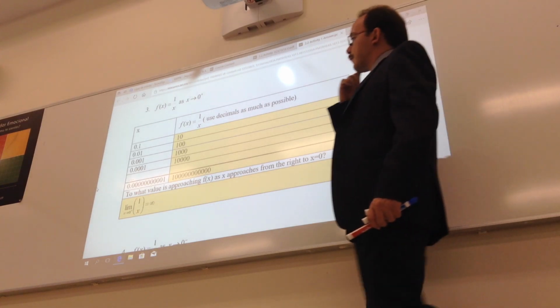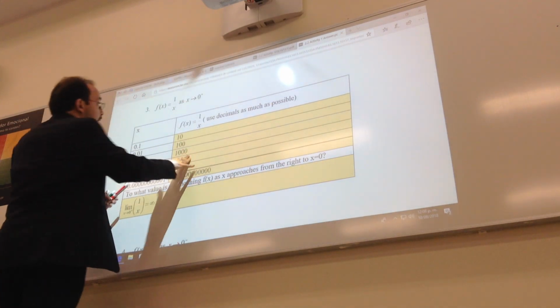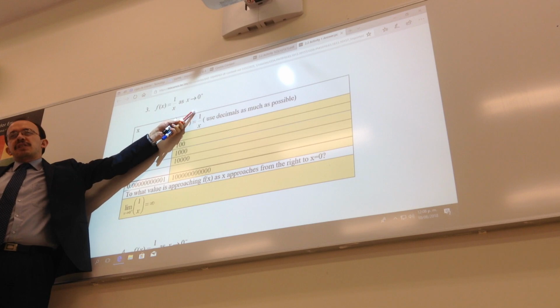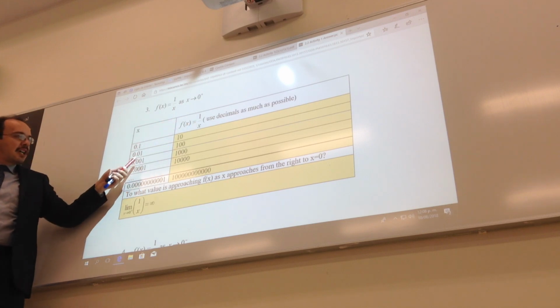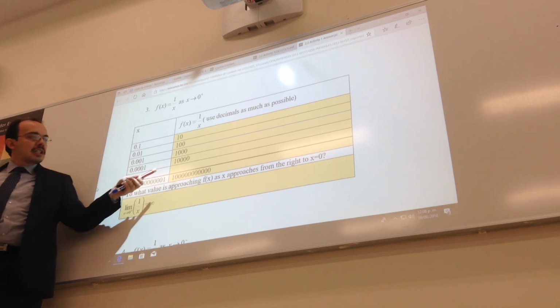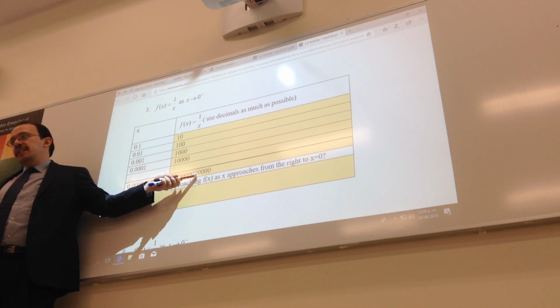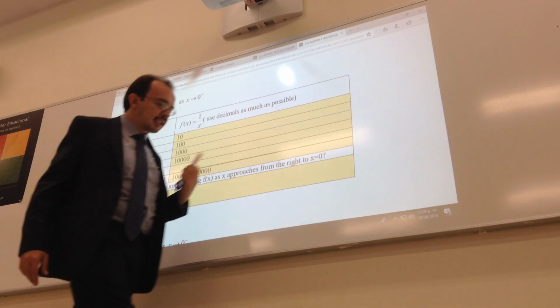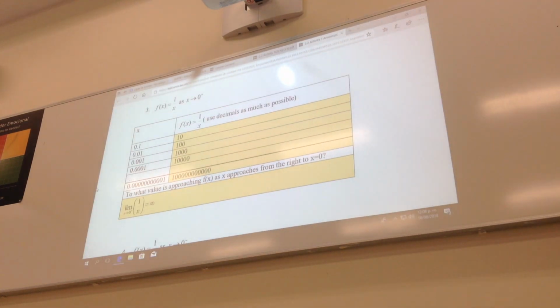Try to observe that, and this is also important, when you divide a constant, let's say 1, 2, 3, or whatever, by a very, very small number, the result actually increases. So try to keep that in mind, because we're going to see this one again in the next part of the topic.